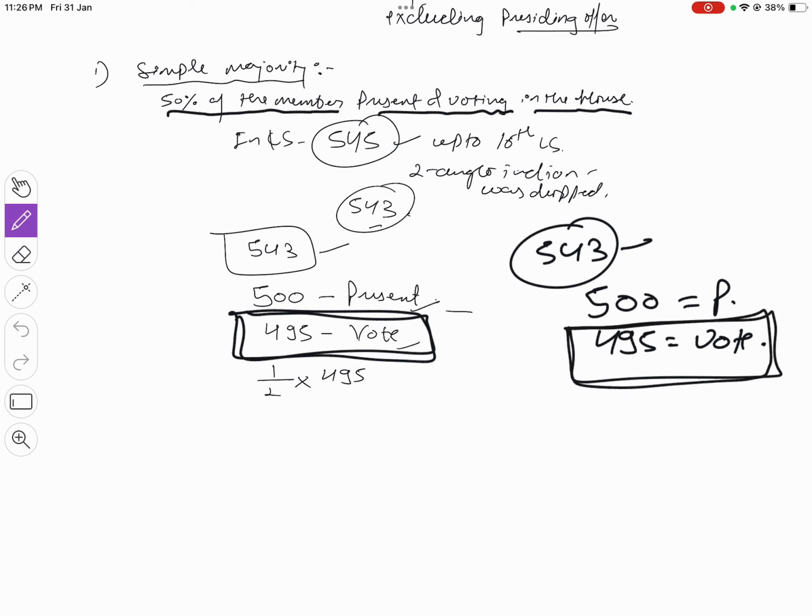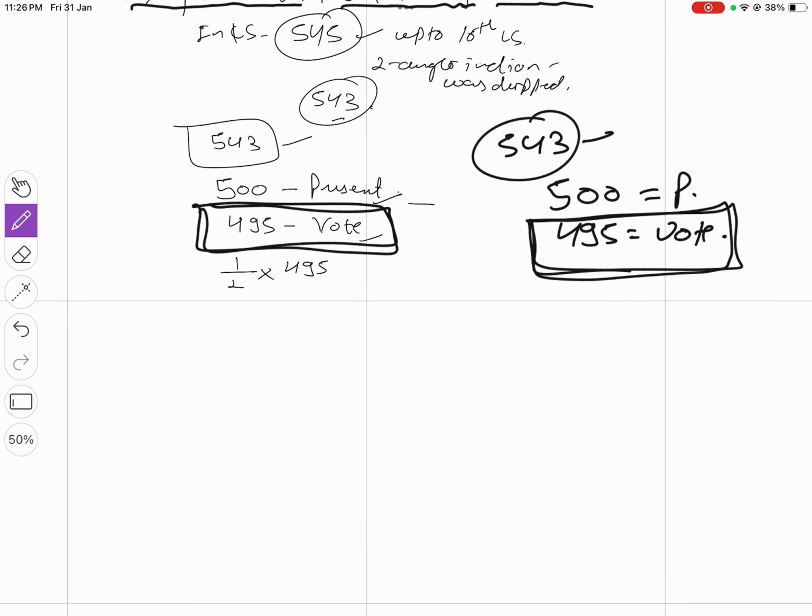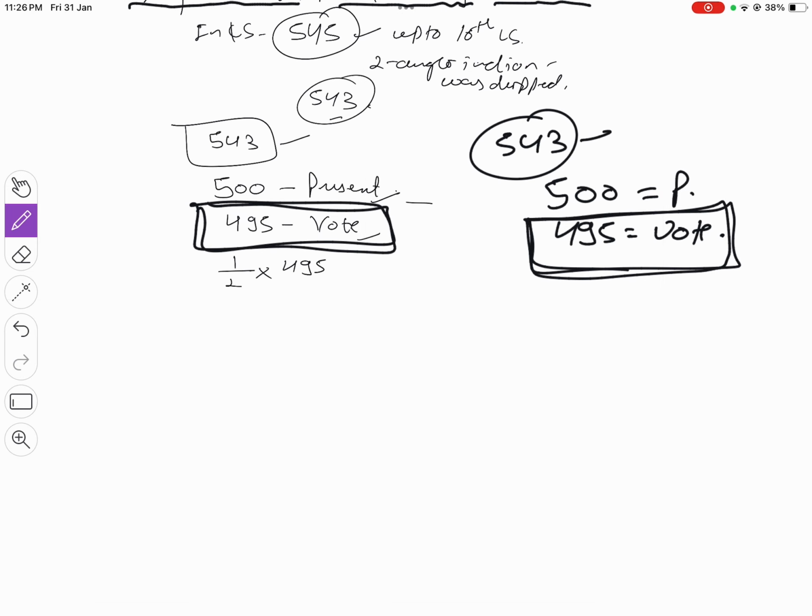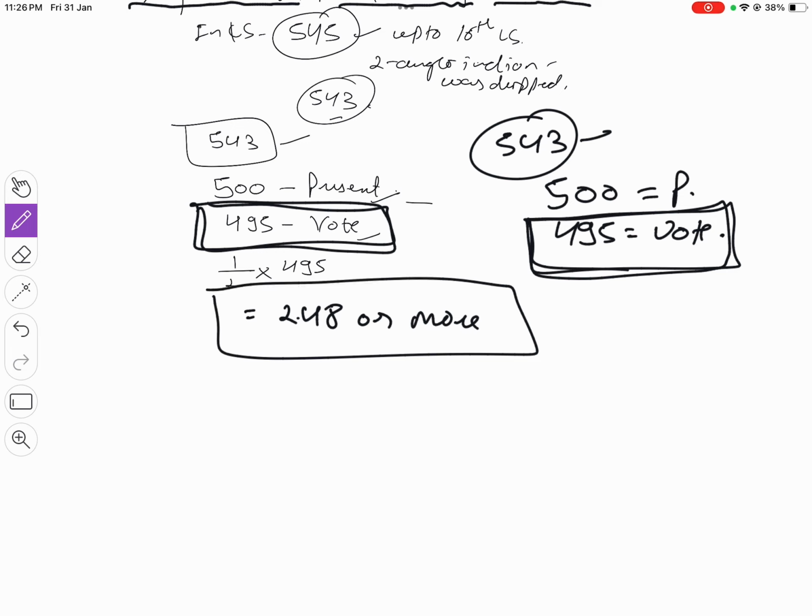So this will become 248 or more. So for passing a bill by simple majority you need 248 members.